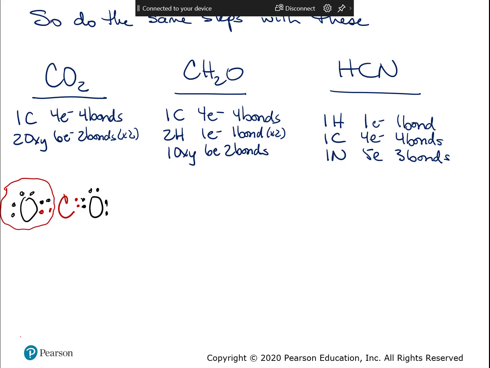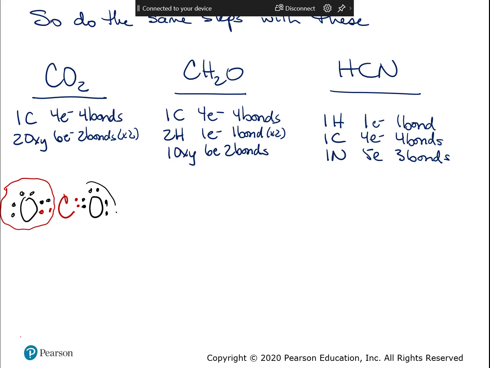Notice also, do you see that the black oxygens still have their 6 electrons around them? Some are being shared, some are non-bonding, but they're still connected to them. So I didn't take these red carbon electrons and move them over on this side of the oxygen so they're not anywhere near the carbon. So the 4 carbon electrons still are attached to the carbon. They're just being shared.